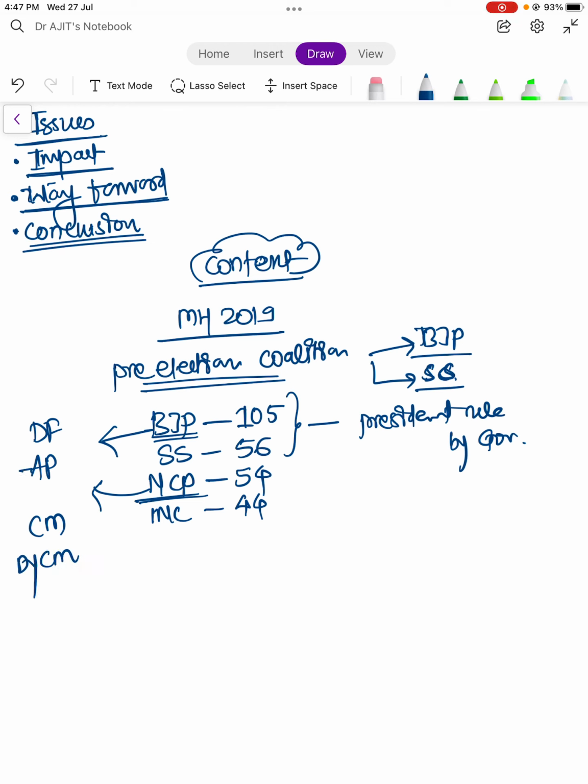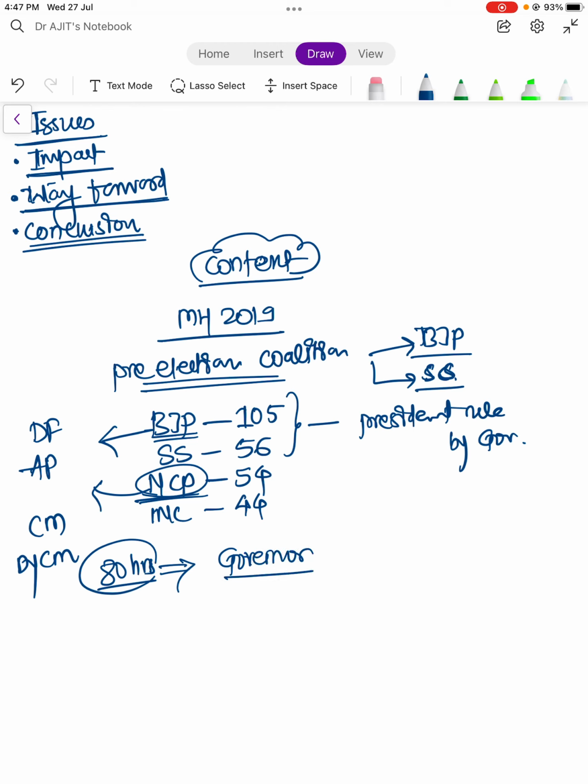But Ajit Pawar from NCP couldn't gather enough MLAs to form the government. That's why after 80 hours, Devendra Fadnavis and Ajit Pawar resigned as chief minister and deputy chief minister.